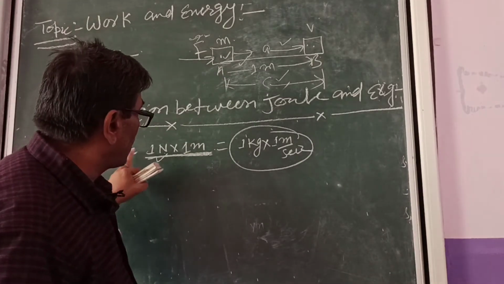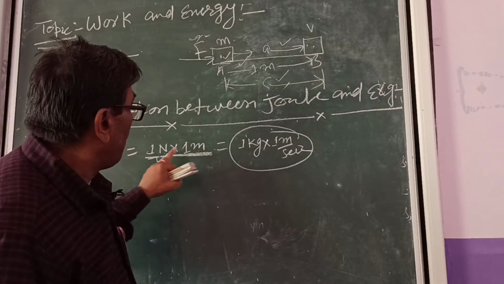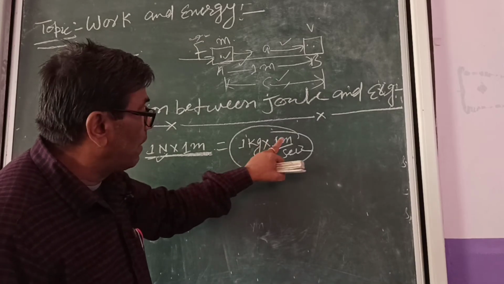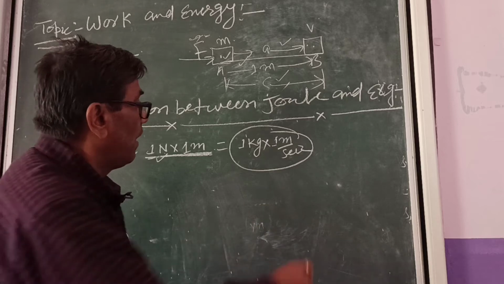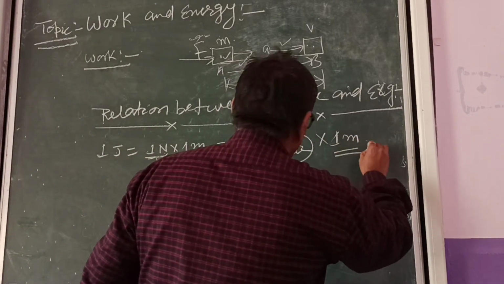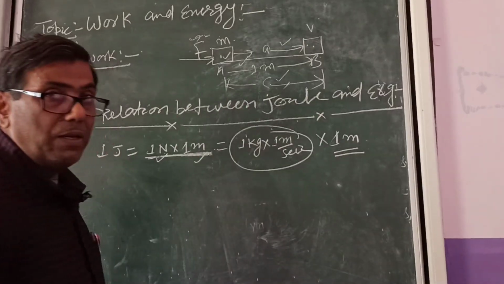So 1 joule is equal to 1 Newton into 1 meter, which means 1 kg into 1 meter per second square into 1 meter. This last meter is the displacement.